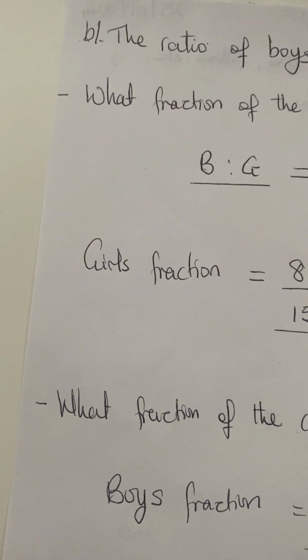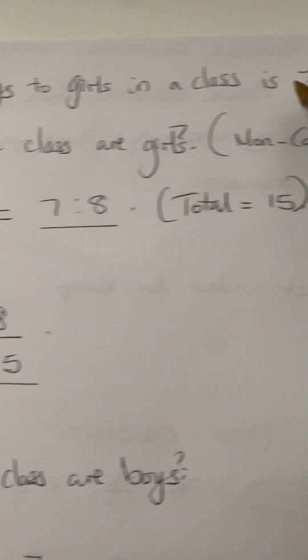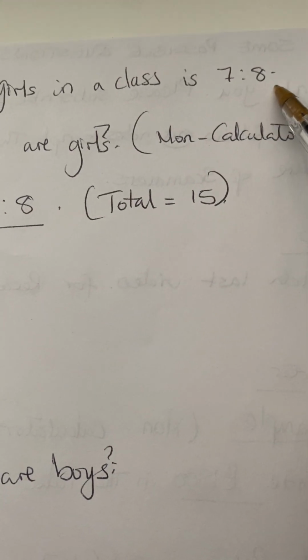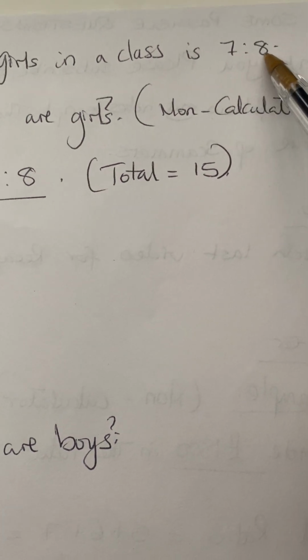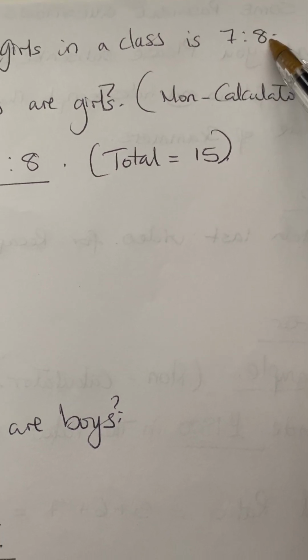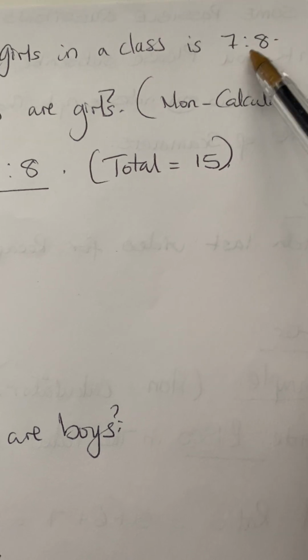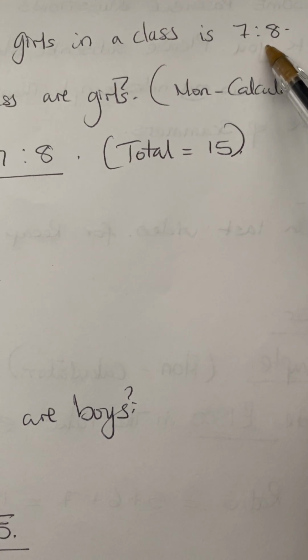Okay, you don't need a calculator here. The ratio is 7:8. So the total ratio is 15, 7 and 8. Okay, you can easily do that without a calculator.